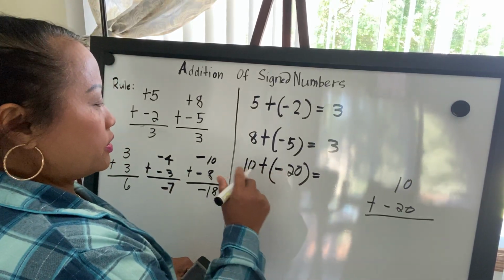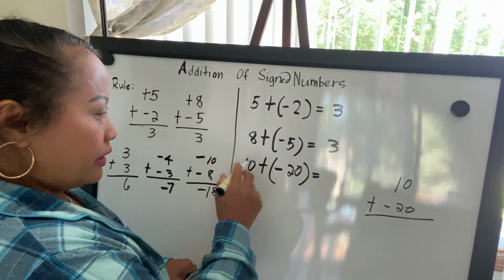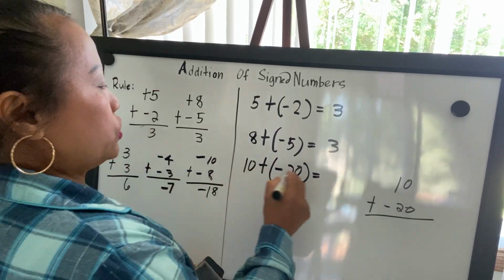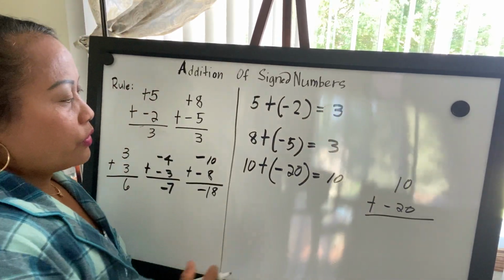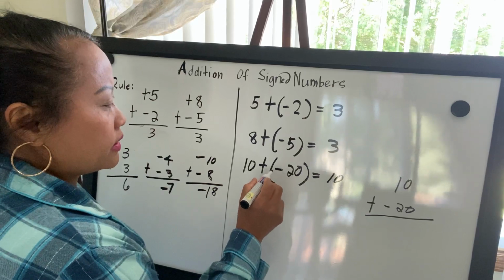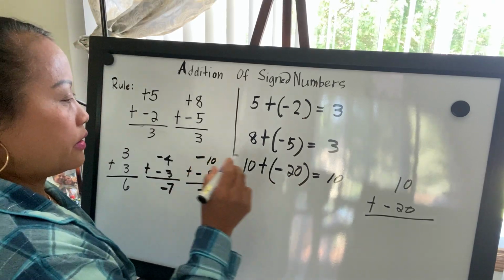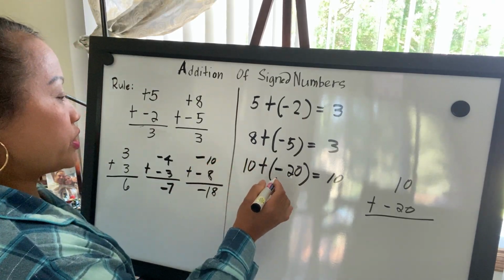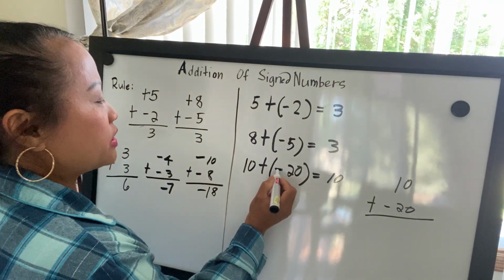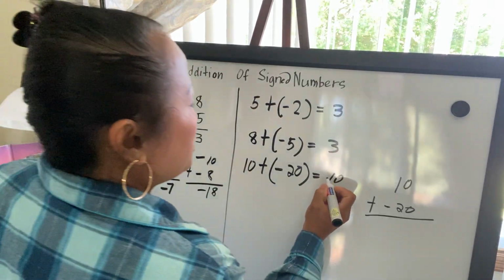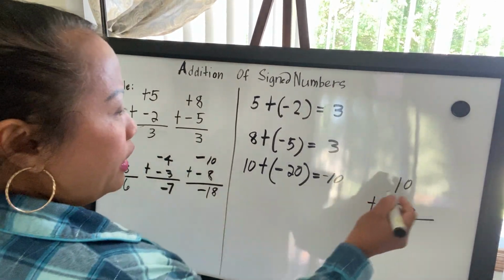So what is the difference? We have to subtract 20. You will get the difference of these numbers. Find the difference. So it is 10. So now, we have to look at which number has the bigger or larger sign. Since 20 is bigger than 10 and has the negative sign, the answer is negative 10.